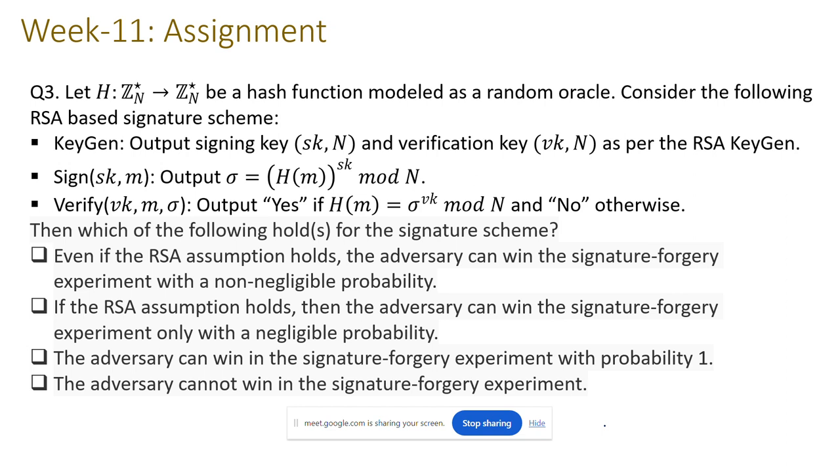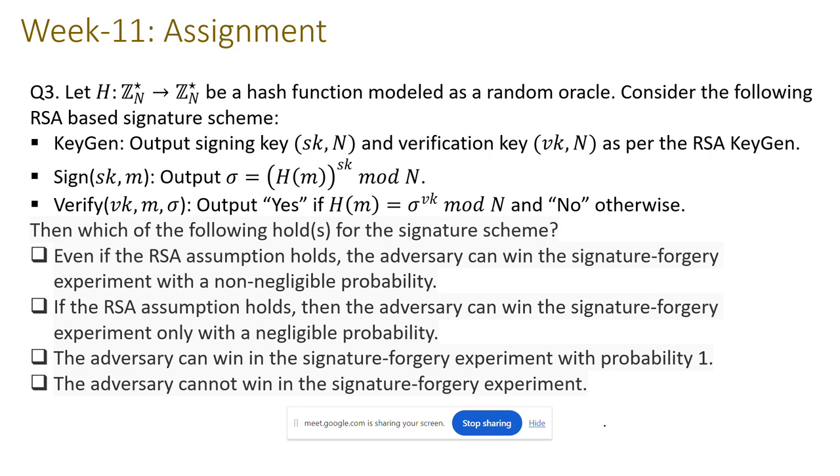Ma'am, the answer is second. If the RSA assumption holds, then the adversary can win the signature forgery experiment with a negligible probability. Correct. So can you explain a little bit? Okay, let me ask you this: if H was not a hash function modeled as a random oracle, then what could be the problem?